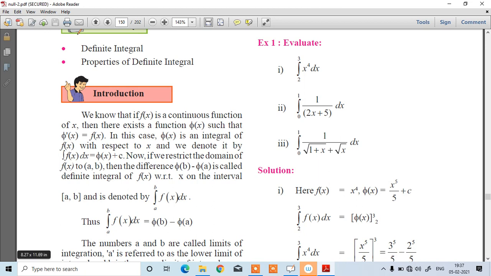Thus integral from a to b of f of x dx is obtained as phi of b minus phi of a, where integration of f of x is phi of x.